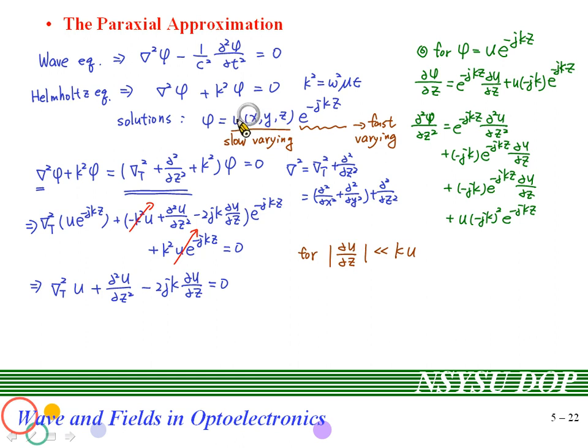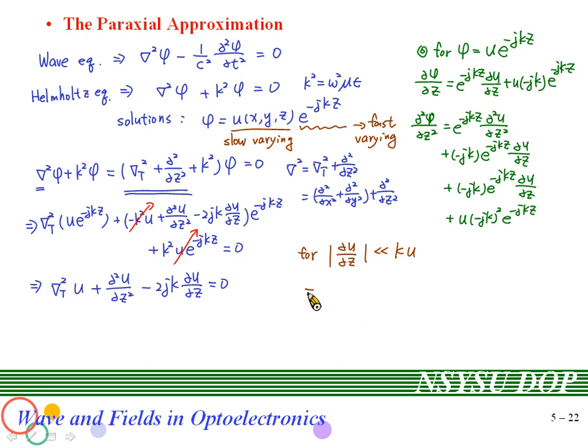Because the term u changes very slowly with respect to z. So if you perform partial u over partial z, you will obtain a very small value. So we have this condition.